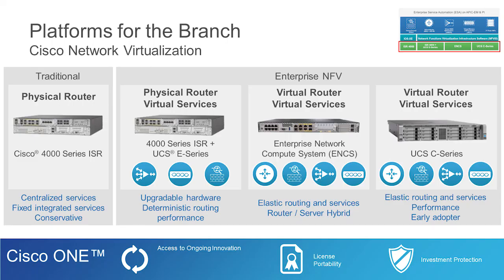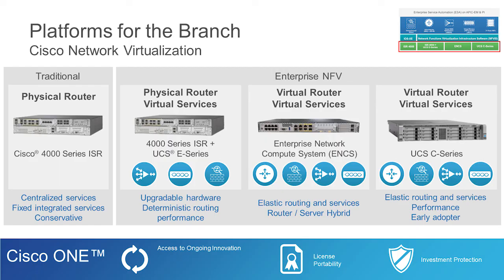So finally, I'm just going to end on this one slide, which puts the hardware in perspective. We have the physical router, the ISR 4K solution. This is natively running on the platform. Very lightweight kind of applications, very specific network function applications.